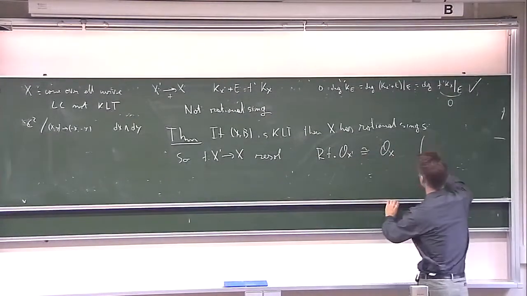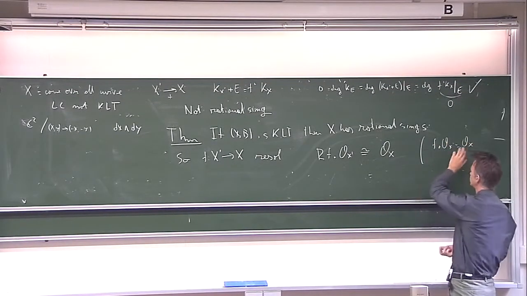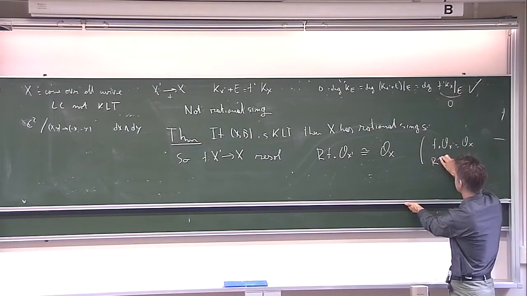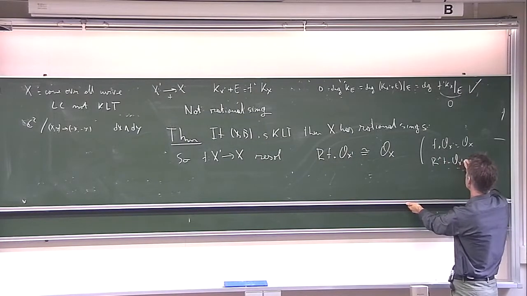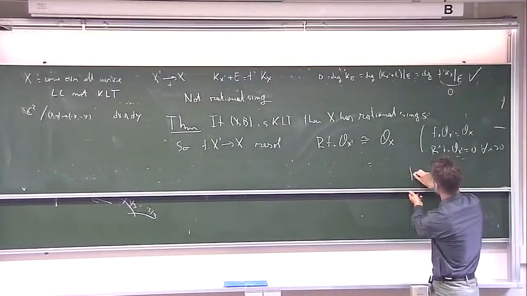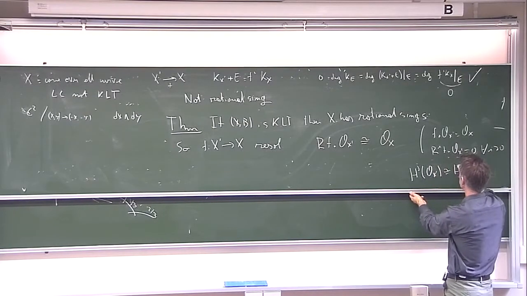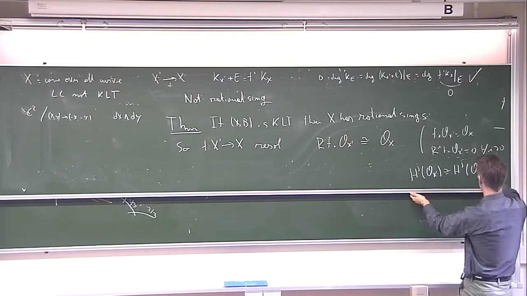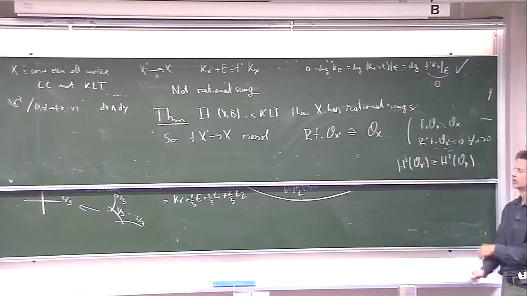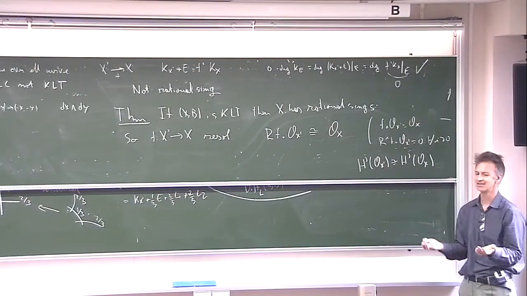What this formula means is first that f_*O_{X'} is O_X. Well, that's obvious; this is just the fact that X is normal. But the content is that R^i f_*O_{X'} is equal to 0 for every i greater than 0. So in particular, the cohomology groups H^j of O_{X'} are always isomorphic to H^j of O_X. And so what this is telling you is that from the cohomological point of view, KLT singularities are very easy to work with. They're essentially just as easy as smooth varieties.